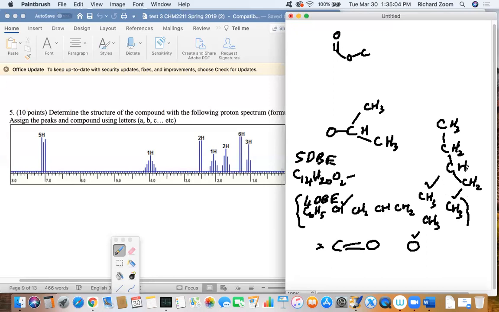So that CH must be between 2 CH2s. Now I've already got one of the CH2s accounted for, and that's the one with 5 peaks. And the other one I haven't accounted for yet, but that must be connected to the aromatic ring.